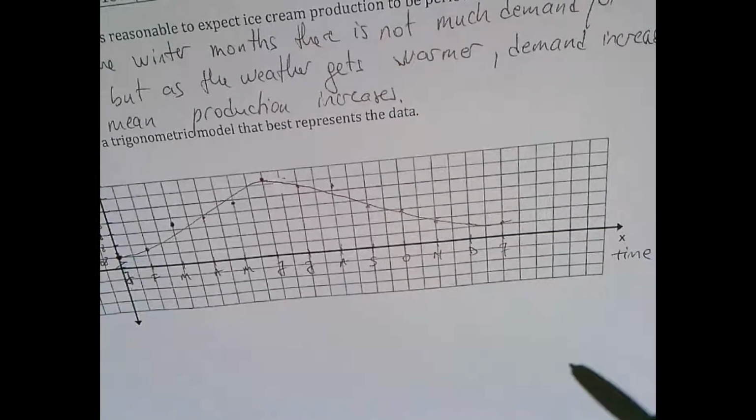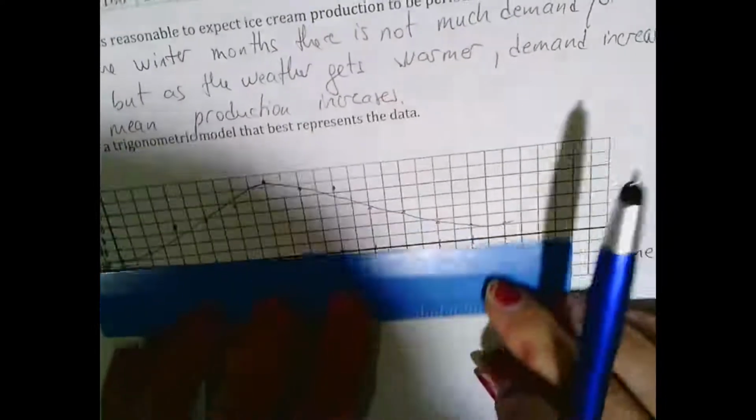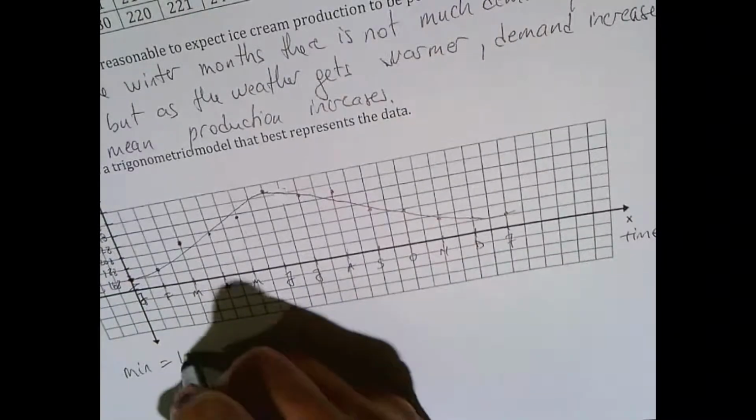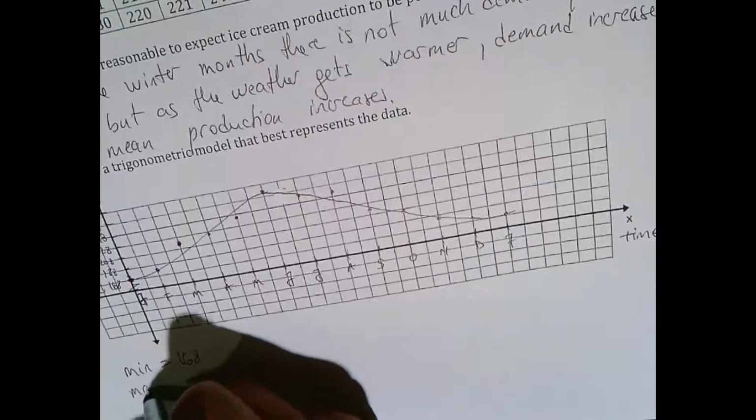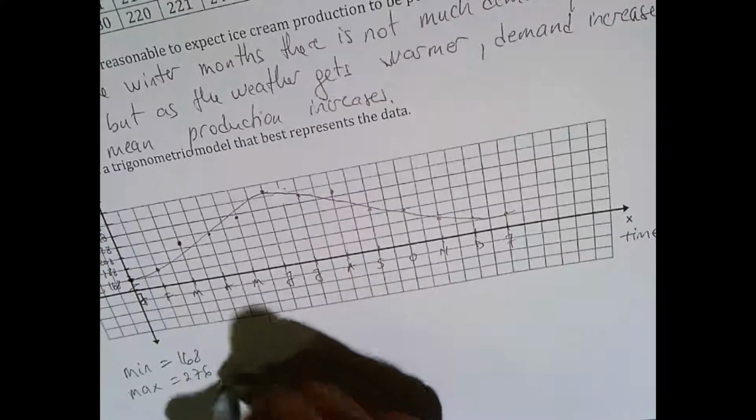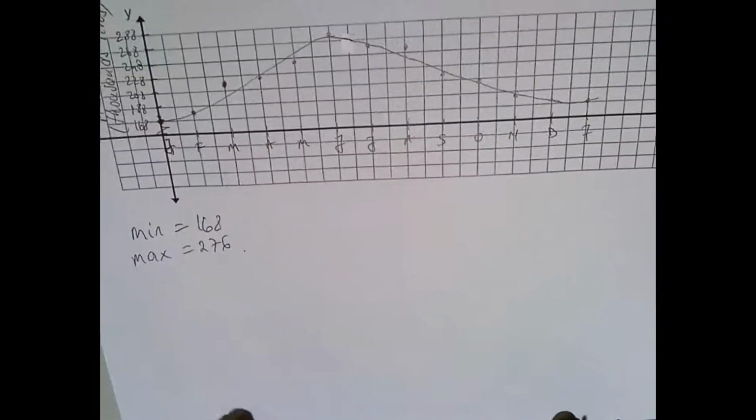So let's write the equation of this graph. I'm going to say my minimum is 168 and my maximum is 276. I'm going to do it algebraically.